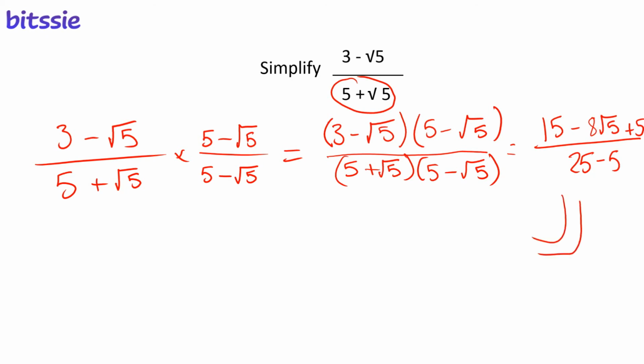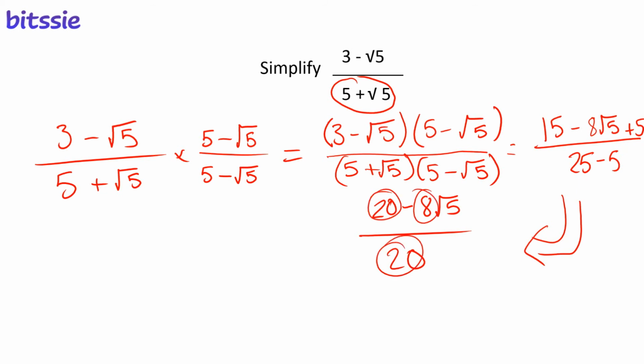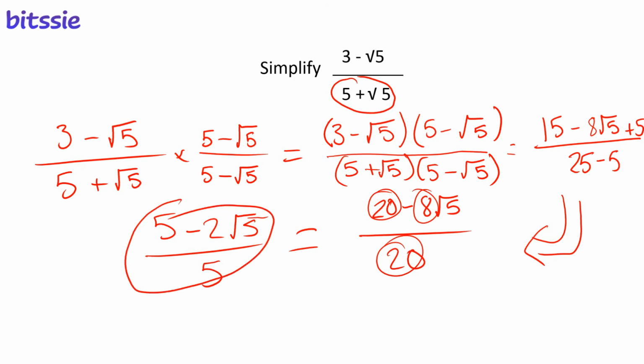Then, if we collect like terms, we would get 20 minus 8 root 5 over 20. And then we have a common factor of 4 for all of these numbers, 20 and 8. So we can simplify this further to give us 5 minus 2 root 5 over 5. And there's a simplified form.